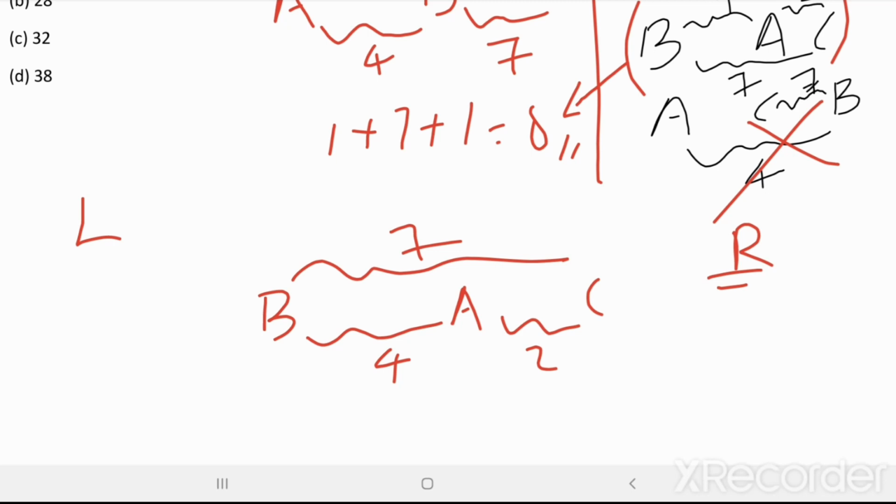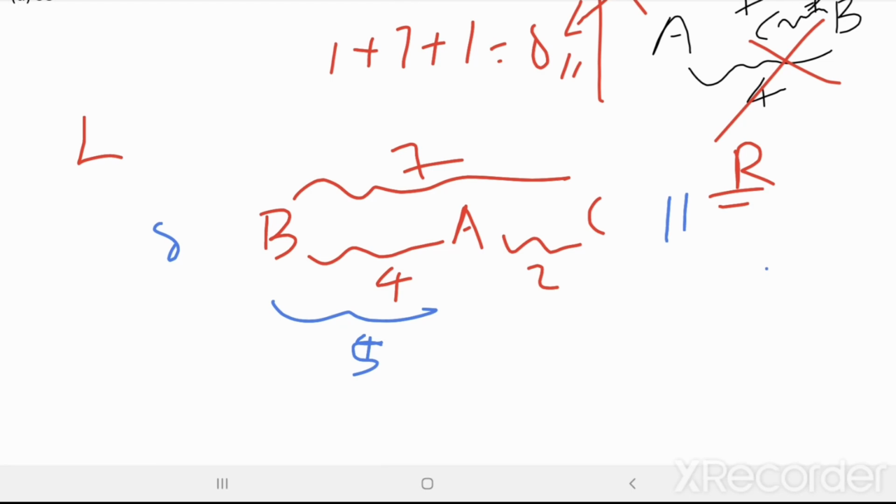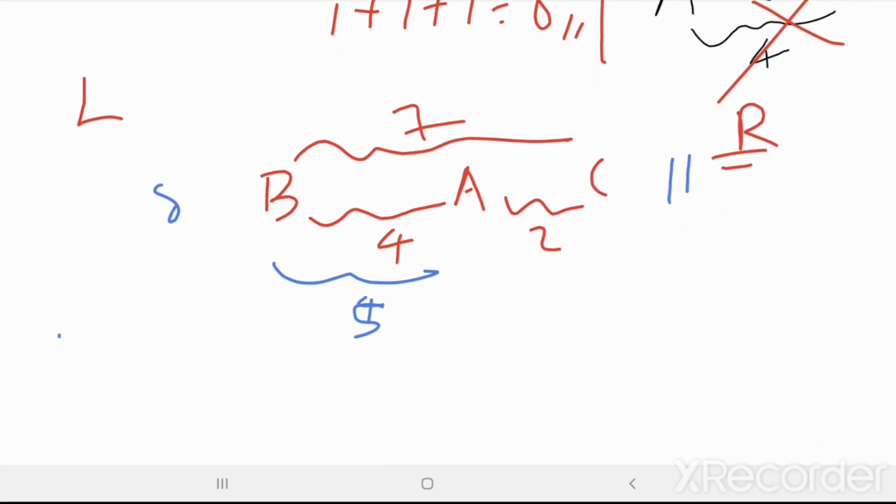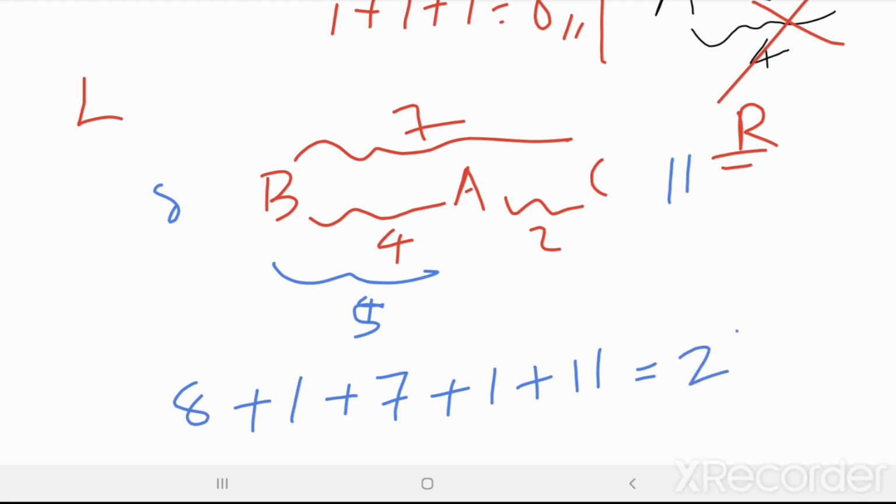So 11 persons ahead of C means there are 11 persons on this side, and 13 persons behind A means 4 plus 1, there are already 4, 5 plus 8, there are 13 persons. Then the total number of persons in the queue equals 8 plus B, 1 person. Then between B and C there are 7. Then C plus 11, we get 28.